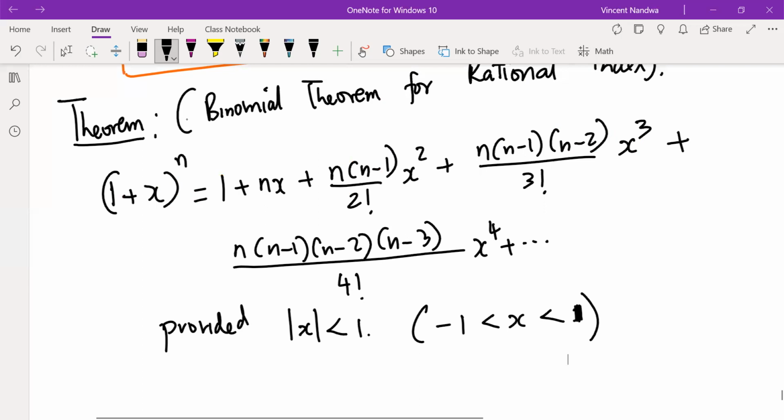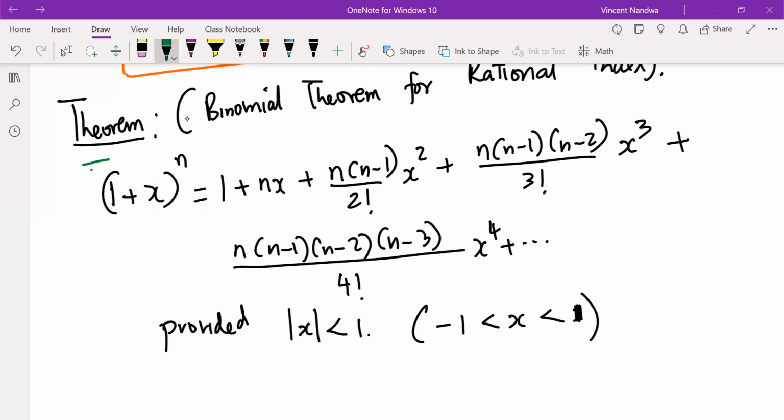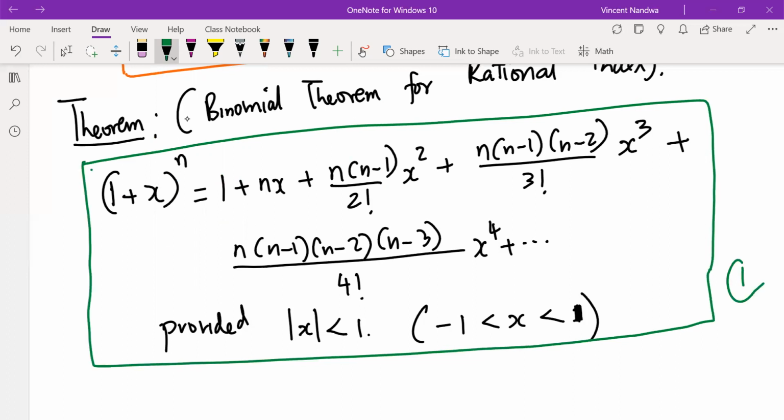Let's call this 1. From this one, I want us to discuss other related formulas to it.